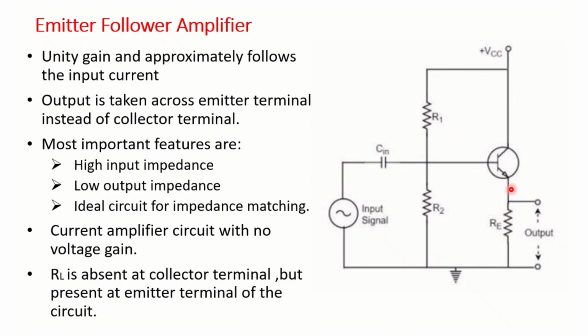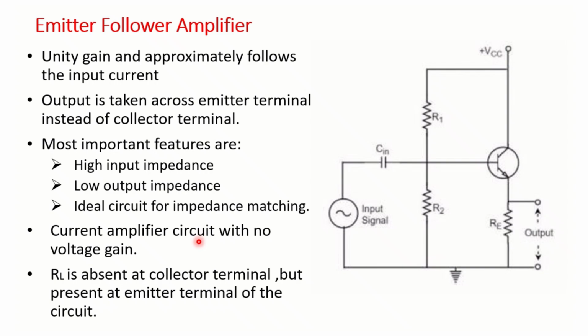Now, the most important features of this emitter follower circuit are high input impedance and low output impedance, and it is an ideal circuit for impedance matching. It is a current amplifier circuit with no voltage gain.